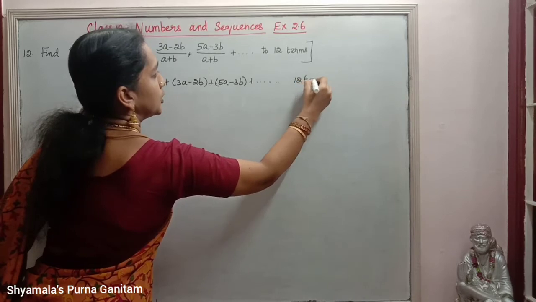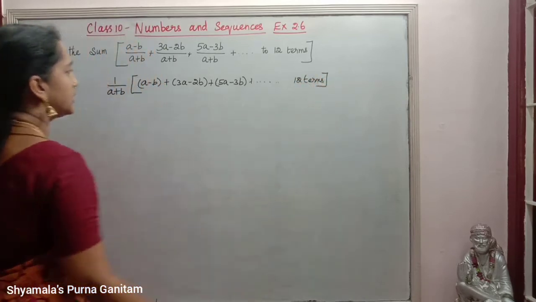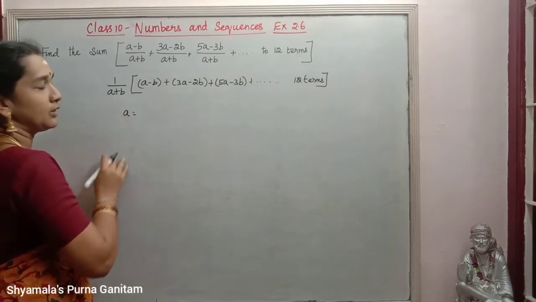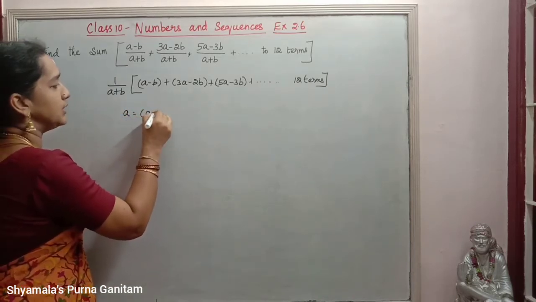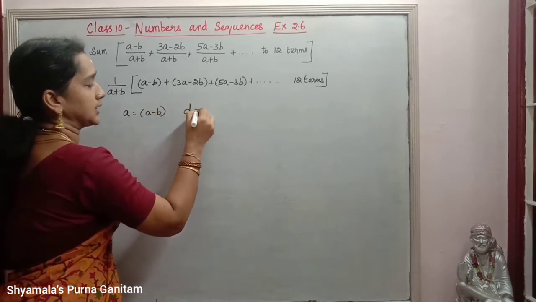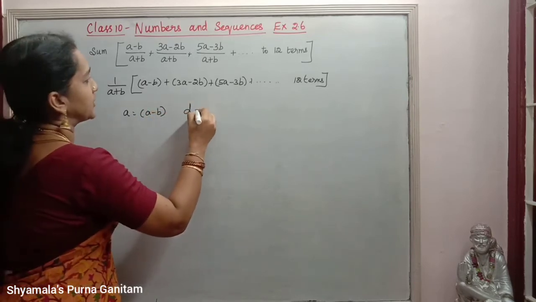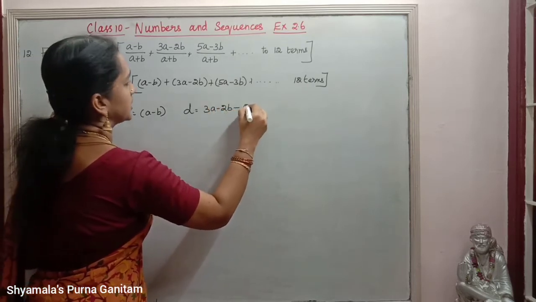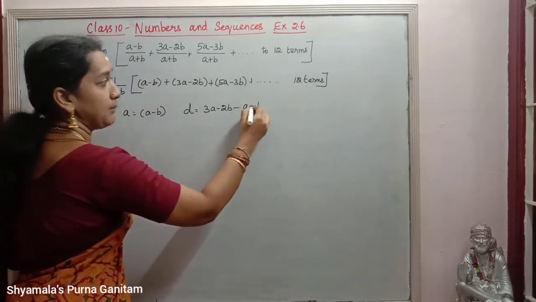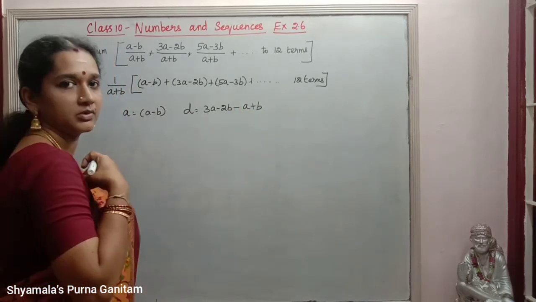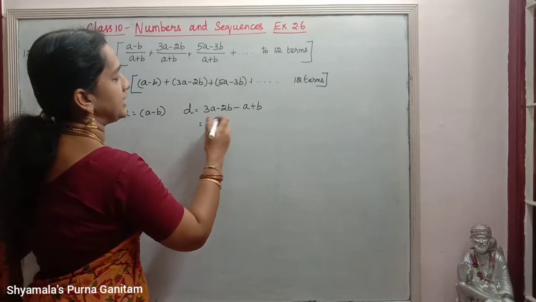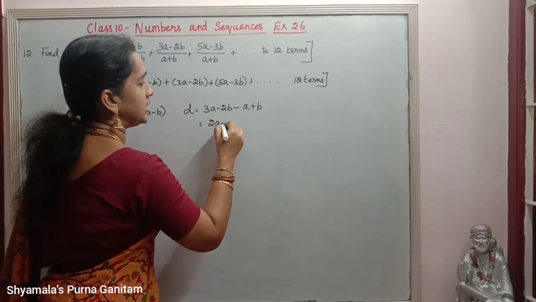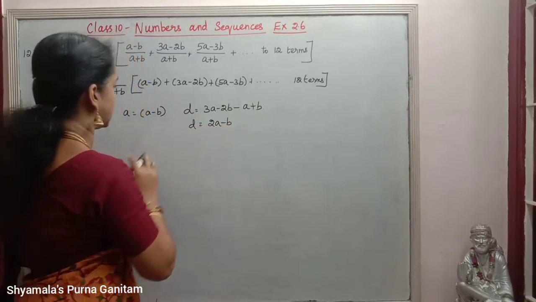In this the first term will be a minus b, and the common difference will be 3a minus 2b, that is second term, minus first term, minus a minus b. So this is equal to 3a minus a is 2a, minus 2b plus b is minus b. So this is the difference.